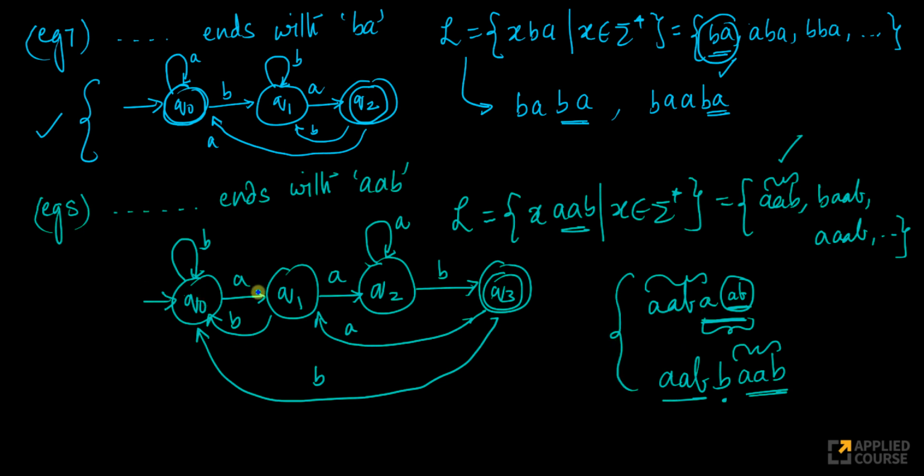And here, look at this. I have AAB as my suffix, not as a substring in this case, sorry. Because I have AAB, how many characters are here? 3 characters. So I need 4 states here. If you notice, I have 4 states here.